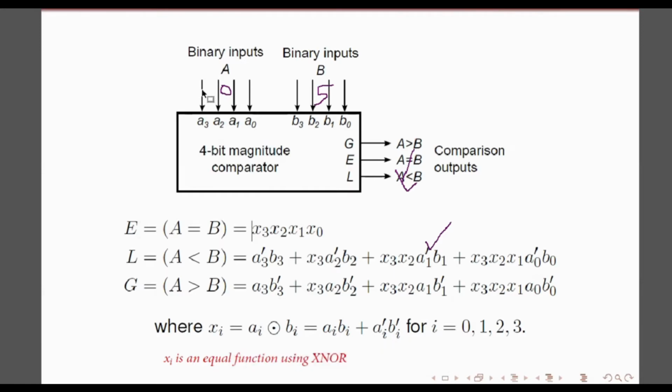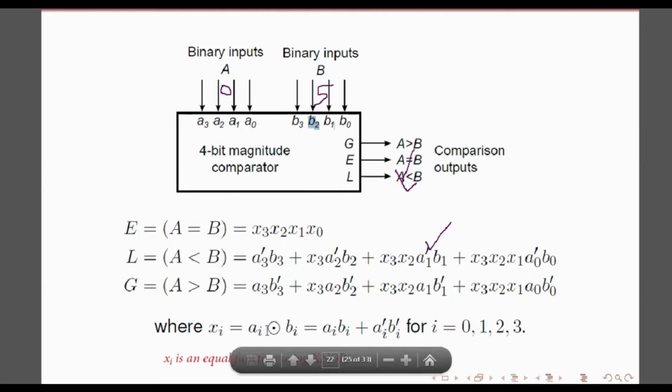For the condition of A equal B, A3 must equal B3, A2 must equal B2, A1 must equal B1, and A0 equal B0. I'll just finish it quickly. This is I think the last topic. The rest I think you study on your own. Now x is actually Ai exclusive NOR Bi, which means Ai Bi or Ai' Bi', the exclusive OR complement.